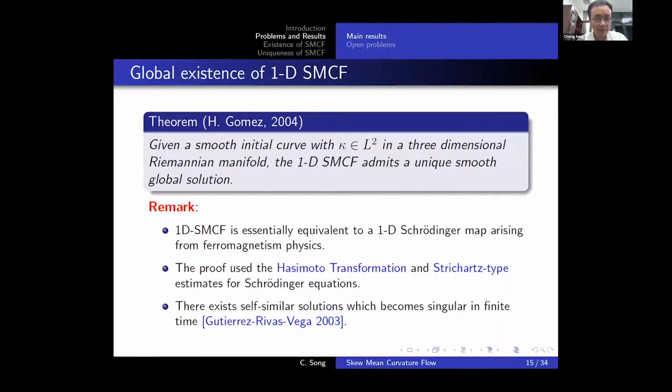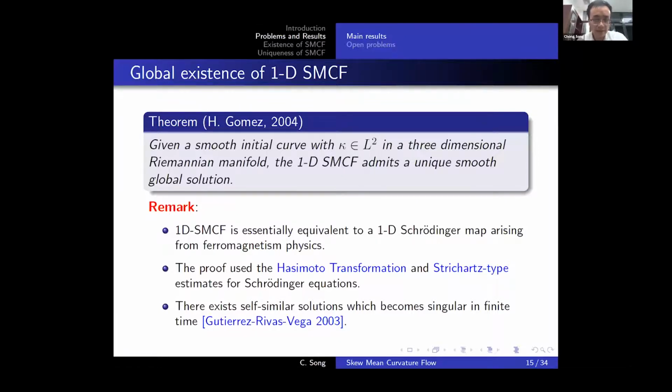Gomez proved that in any three-dimensional Riemannian manifold, if you consider a smooth initial curve which has L2 bounded curvature, then this 1D Schrodinger curvature flow has a unique smooth global solution.